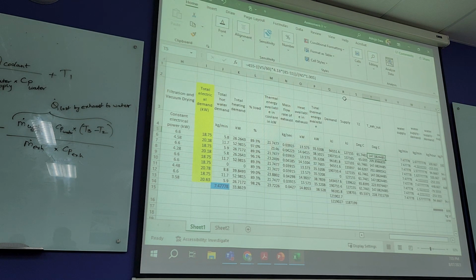That's more. 85 minus S5 is equal to, and not correct. Right, right.